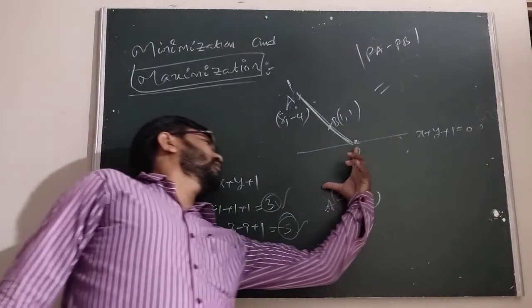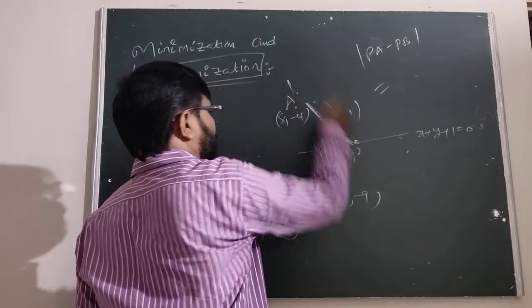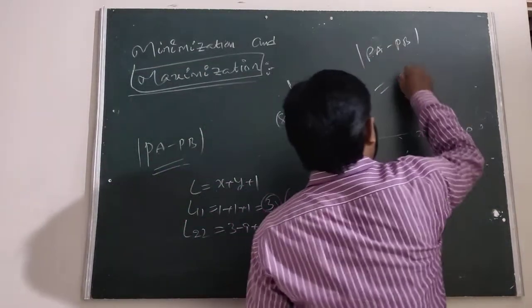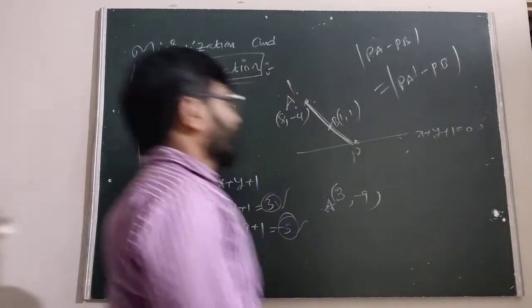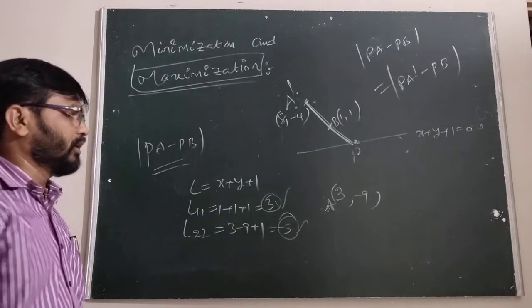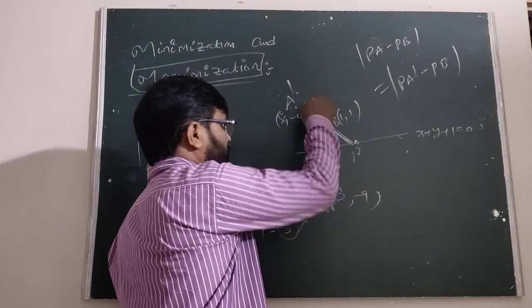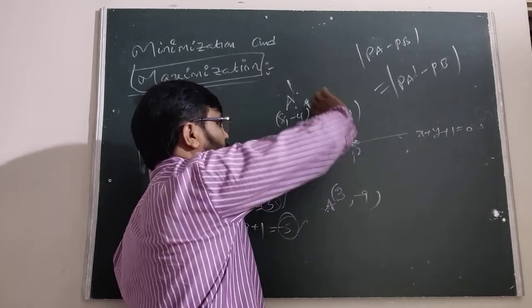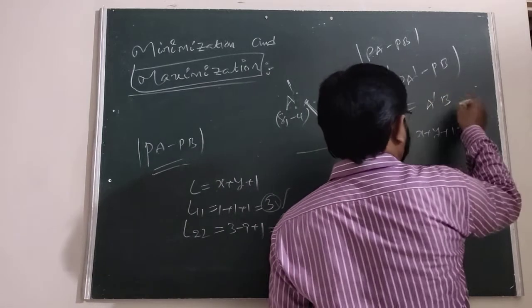That means PA equals PA dash. Therefore, PA minus PB can be written as PA dash minus PB. This is the total distance PA dash, this is PB. We got A dash B, and A dash B is the answer.